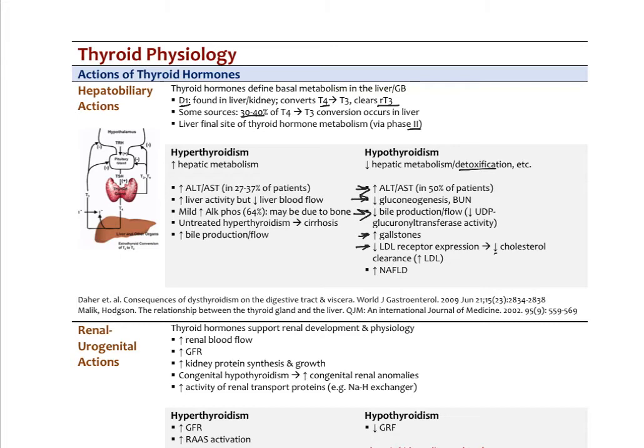Again, that would affect cholesterol clearance, so we're going to see a buildup of cholesterol, of LDL, and then increased non-alcoholic fatty liver disease. Huge epidemic of that now, and thyroid is one of the hormones which helps to regulate that.